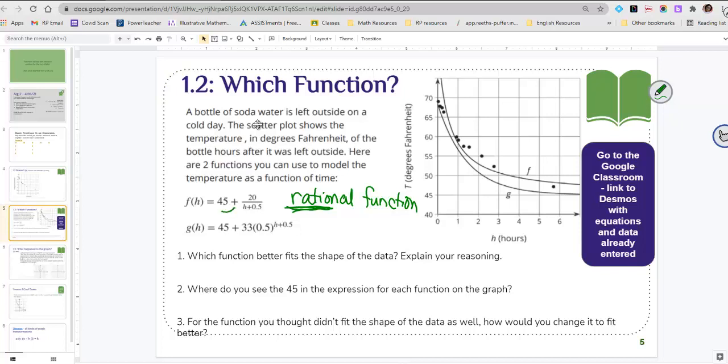Our rational function tells us some things like 45 being our horizontal asymptote. So as our f function continues to move forward more and more, it's going to get closer and closer to that horizontal line at 45.